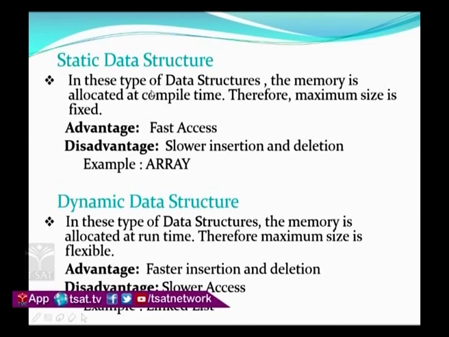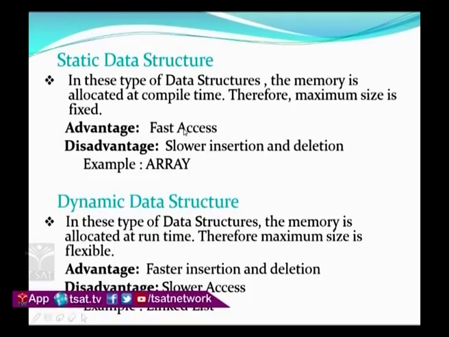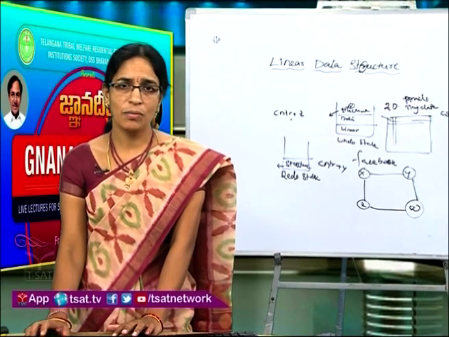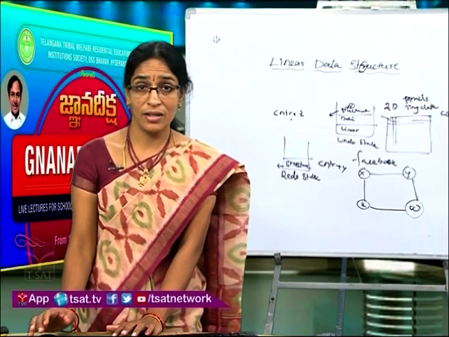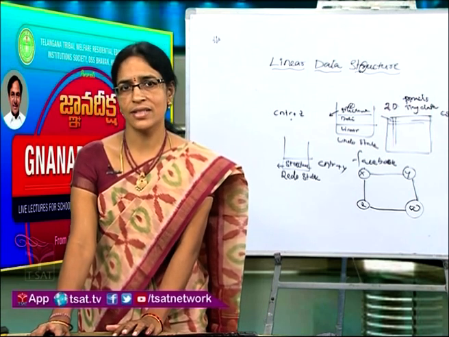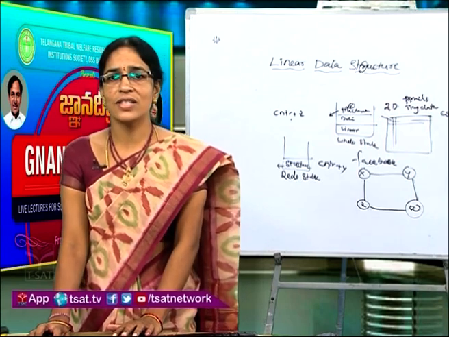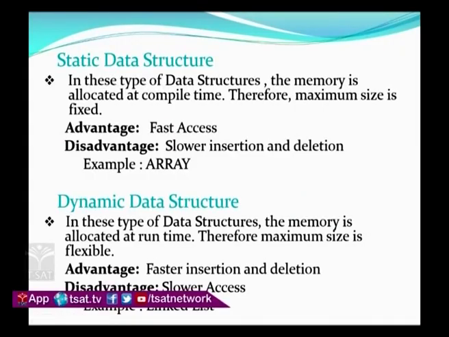Using this, there are some advantages and some disadvantages. Coming to the advantage, access is fast, because the storage is known at compile time and the memory locations are specified beforehand. So through the array index we can access elements very fast. Because of this, if the user requirement is based on time, arrays are used.